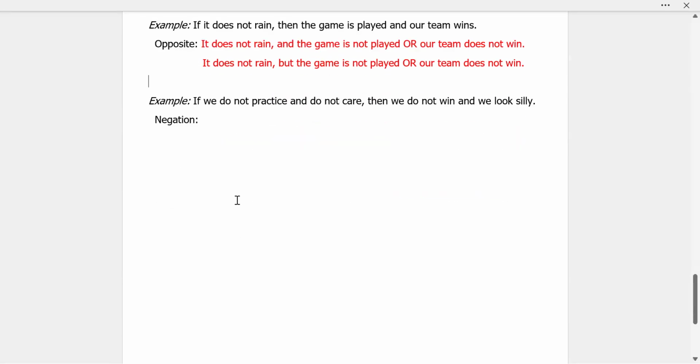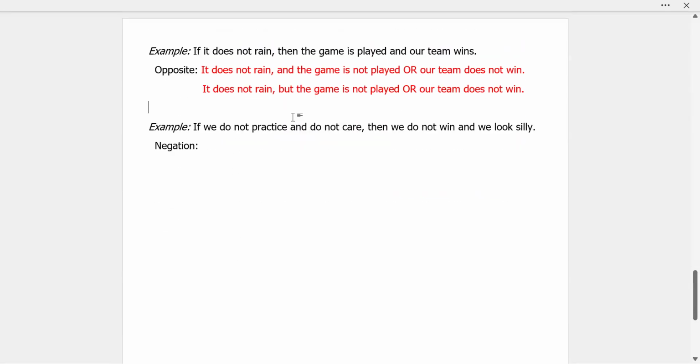Okay, let's look at this last example. If we do not practice and do not care, then we do not win and we look silly. So look, there is a compound sentence in the hypothesis. So the negation or the opposite would be we do not practice and do not care. We need the comma there.